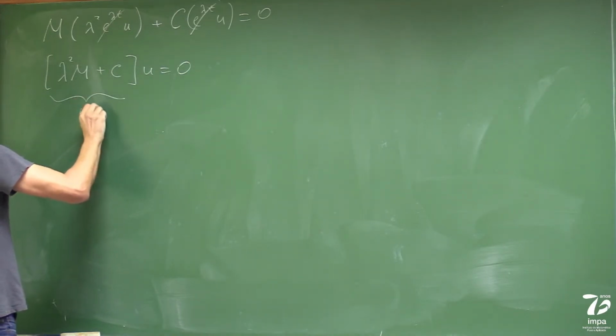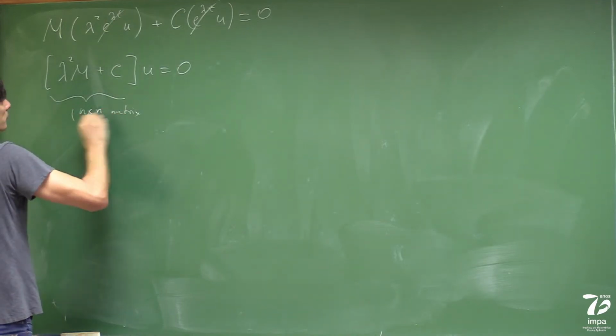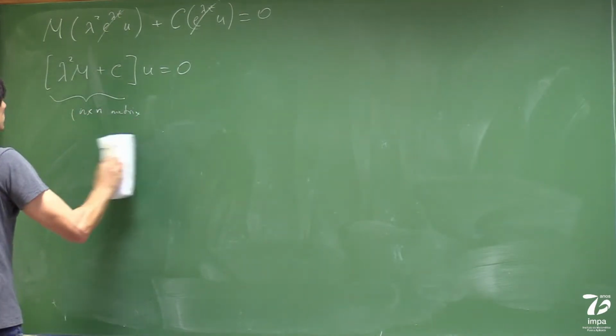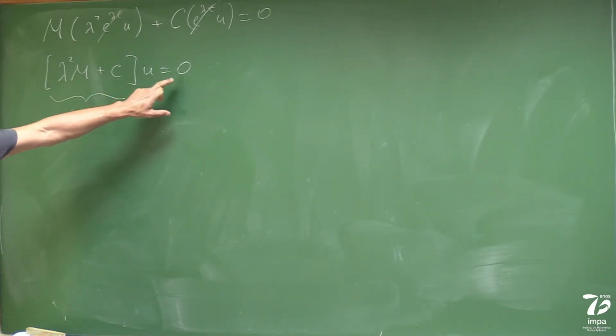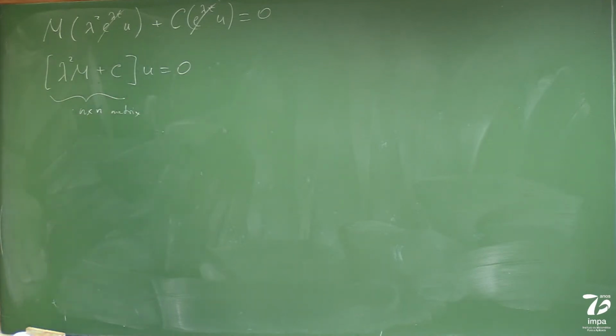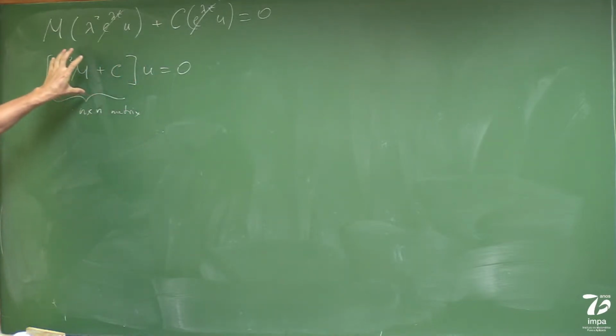So this is an n by n matrix multiplied by vector u equals 0. So from linear algebra, we know that in this situation you have to have at least one of the two situations, that either u is 0 or the matrix has zero determinant.